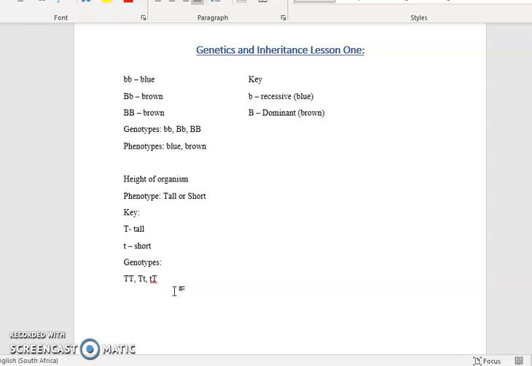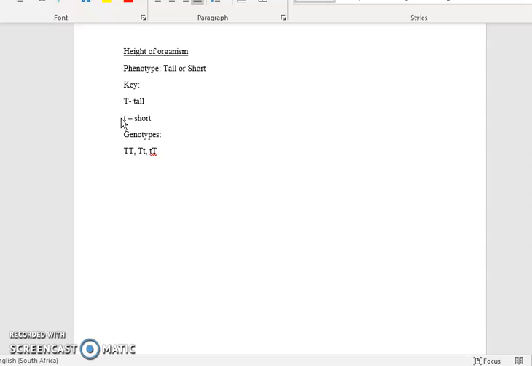So what happens in an organism, and this is going into Mendel's law now, is that because there's both the gene for tallness as well as the gene for shortness, the organism detects both but orders it such that the dominant gene takes over. The dominant allele is always the allele with the capital letter, which in this case is tallness. The recessive gene is represented by a lowercase letter, which in this case is little t for shortness.